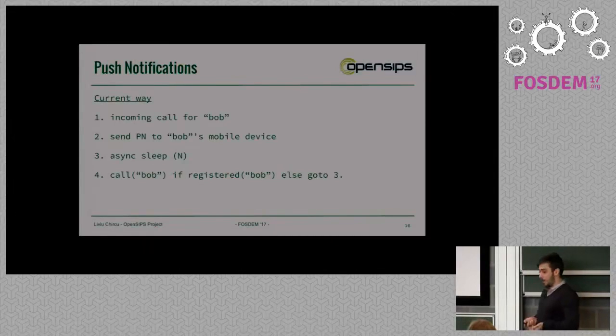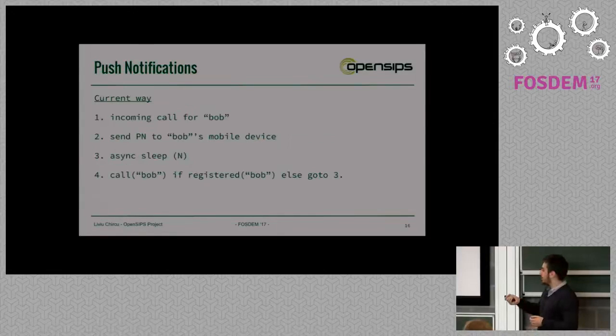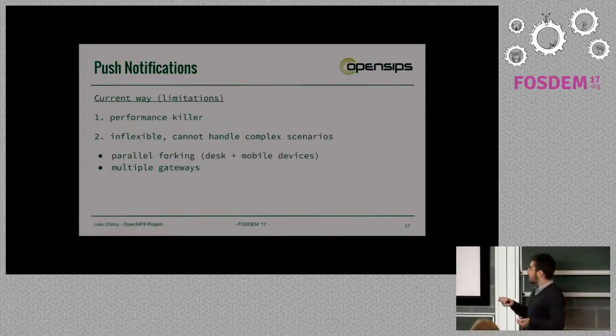So what are the problems with this approach? First of all, it's a performance killer, because it's a trade-off between user responsiveness and how much we want to spend in terms of CPU. Also, it's inflexible.